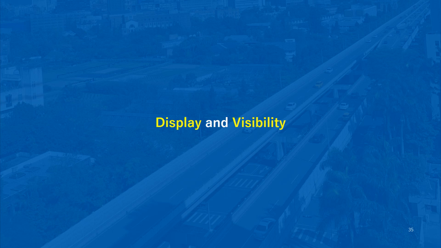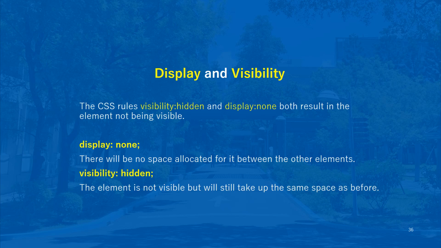I think these 2 words are really close and it's difficult to understand the difference between them. If you use display, we can set it to none, and for visibility we can set it to hidden.